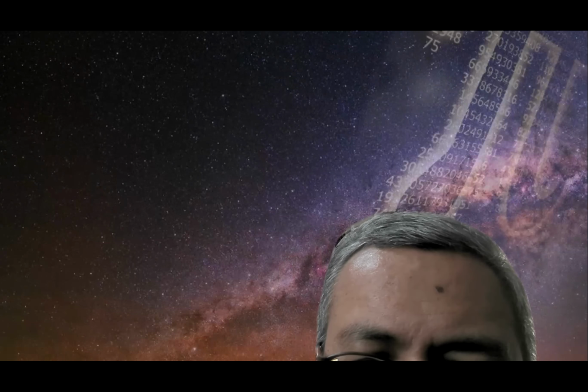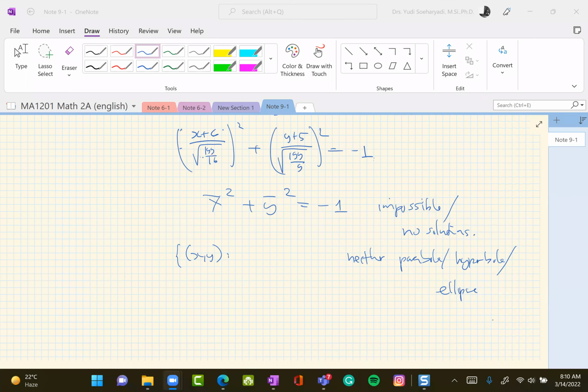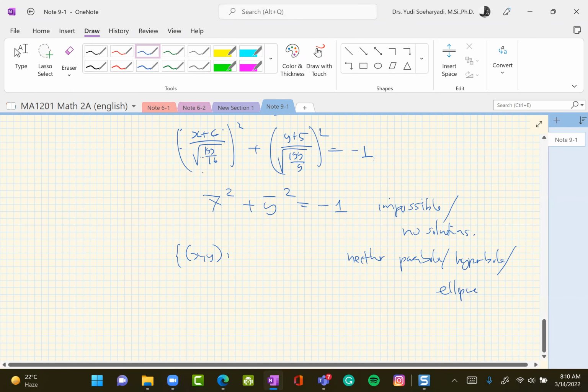Oh, okay, sorry. All right, if you look at this equation here, the last one we had, this is a square plus a square, then equals negative one. This is impossible, so no solution from this one. So it is neither parabola, hyperbola, nor ellipse.